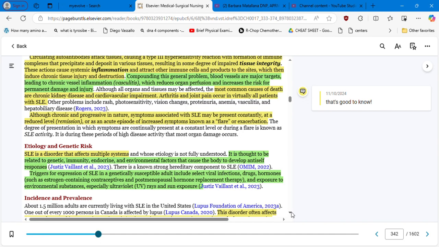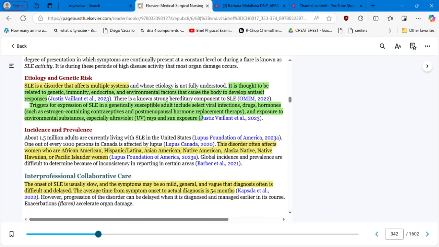Those are environmental substances, the use of deodorant with aluminum, and many products that we use for skin care or hair care. Also especially ultraviolet rays and sun exposure. In this case, lupus is related to sun exposure most of the time. And we're going to talk about this in a few minutes.